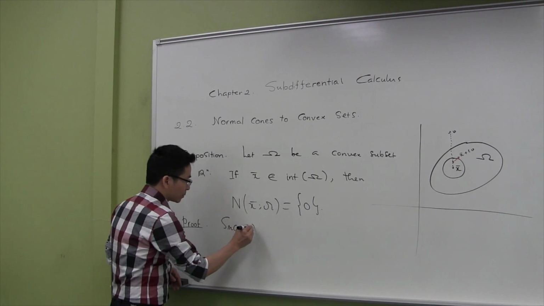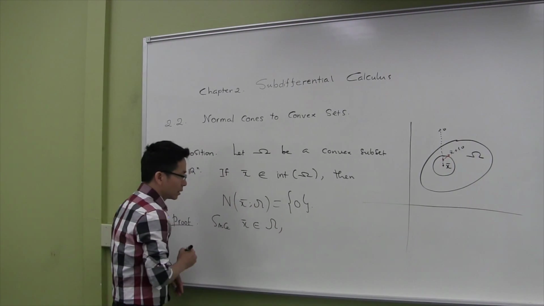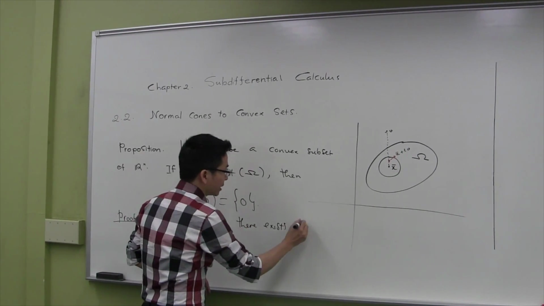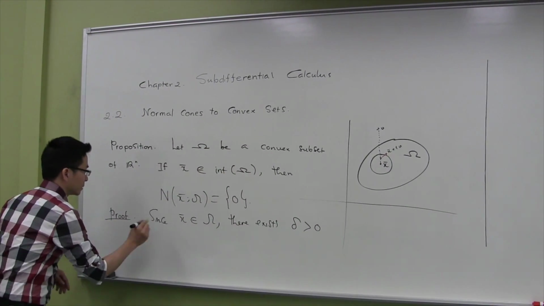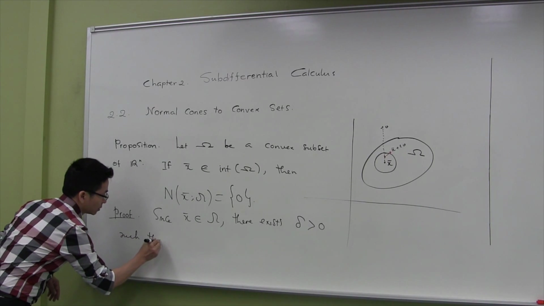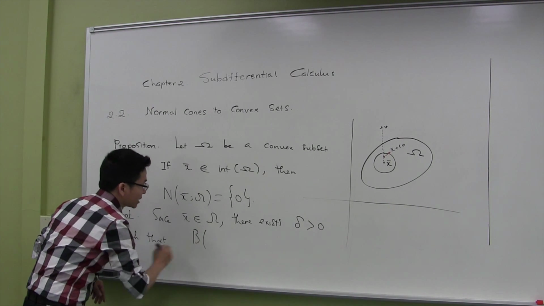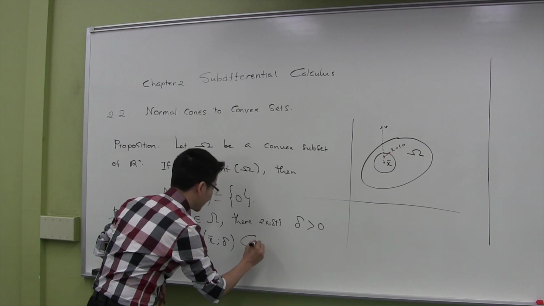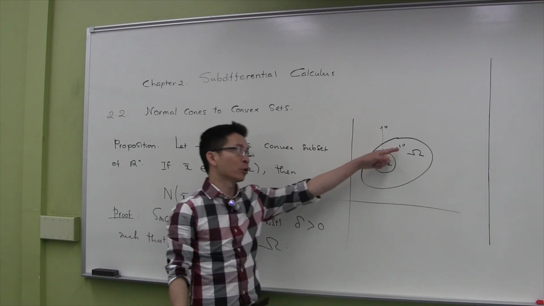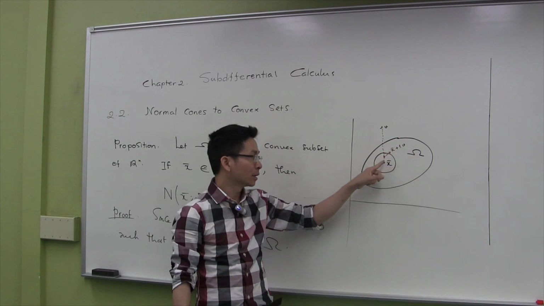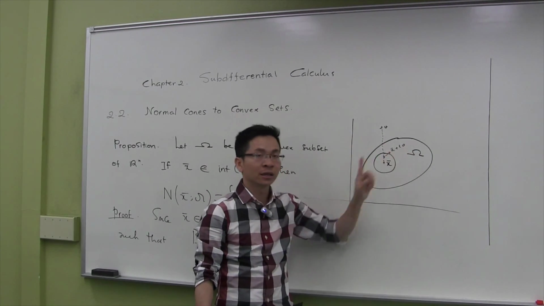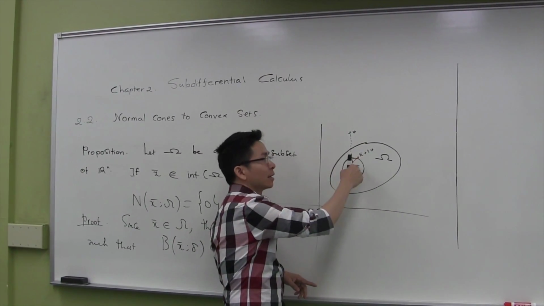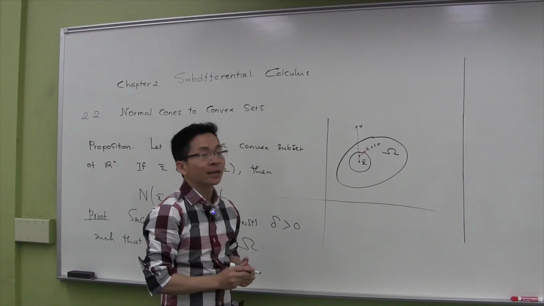Since x bar belongs to the interior of omega, there exists delta greater than 0 such that the ball with center at x bar and radius delta is a subset of omega, as demonstrated in this figure. Okay, so here x bar is in the interior of the set omega, so we can find a ball with center at x bar and radius delta, so that the ball is a subset of omega.